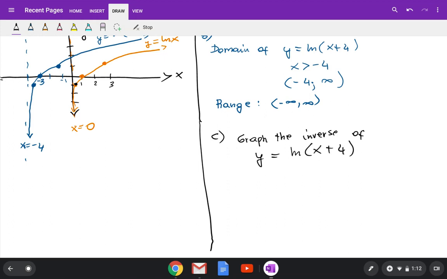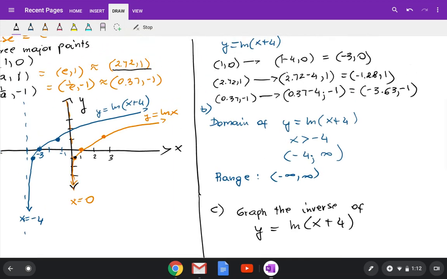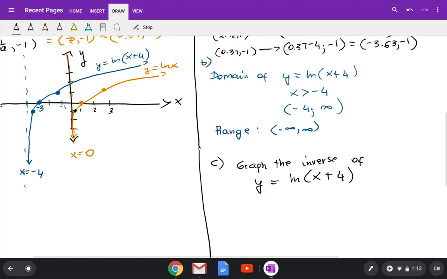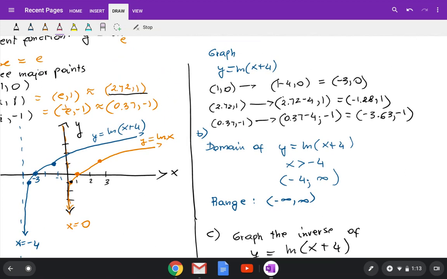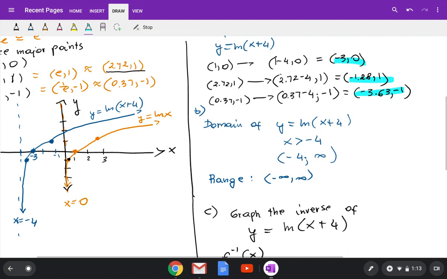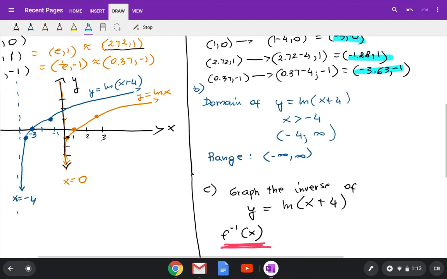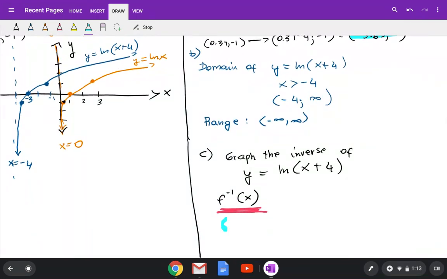Okay, so we're going to graph the inverse function, and that graph will be in red. What I'm going to do is use the points right here of the function natural log of x plus 4, and now just switch the coordinates. So negative 3 comma 0 will become 0 comma negative 3.